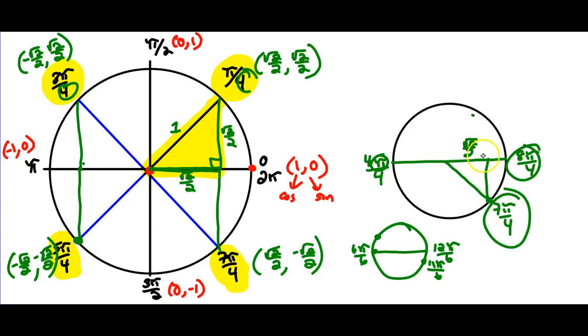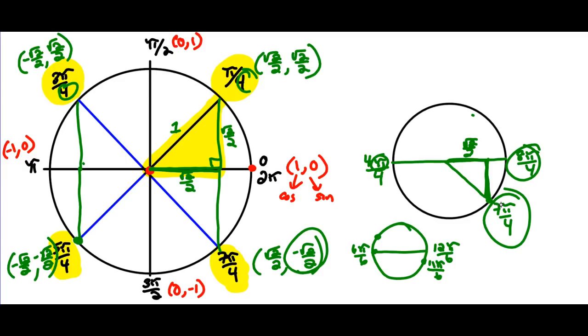That means the cosine is square root of 2 over 2 because it's the horizontal distance. And this is negative because it's going below the x-axis. It's going to be negative square root of 2 over 2. That's where we get this. And so sine of 7 pi over 4 is going to be negative square root of 2 over 2. All right? So that's just one small tip to get you started with that.